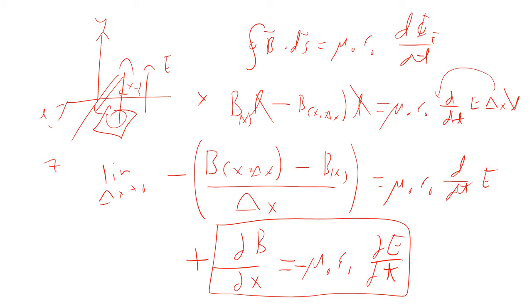So what we can do is look at the original equation. Okay, the one I told you to keep in the back of your mind. Partial of E with respect to time equals minus partial B with respect to x. So what if we take a derivative of both sides with respect to x?